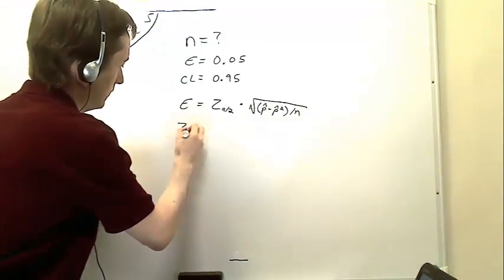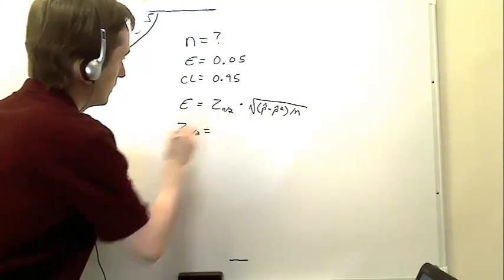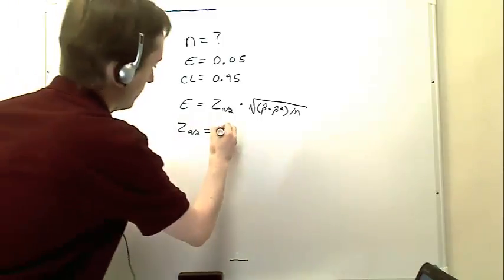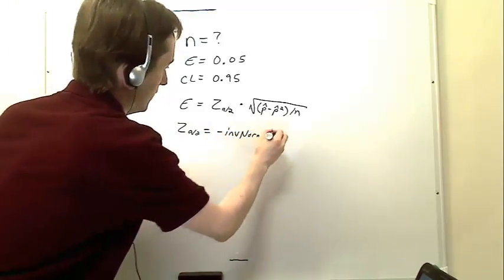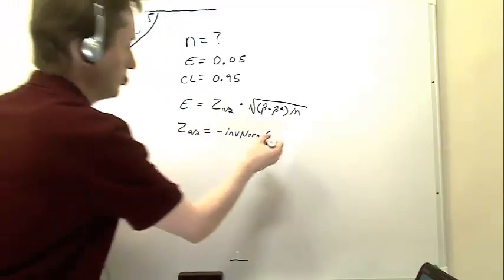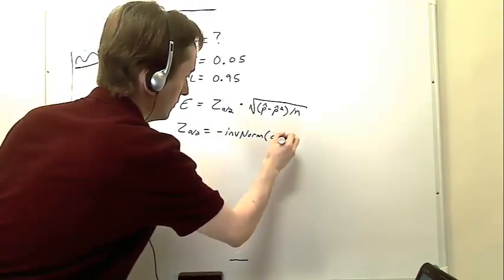Our critical value is going to equal that negative inverse normal of whatever alpha over 2 is.